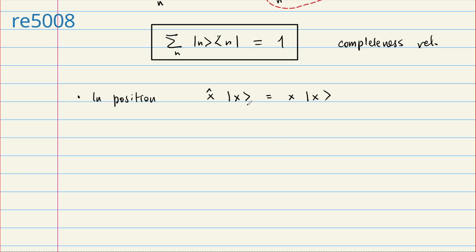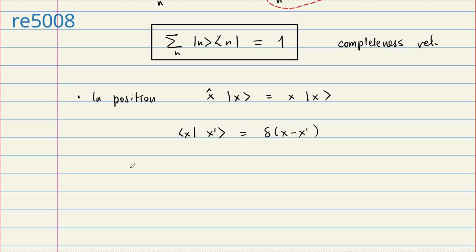They should also be orthonormal. If I take ⟨x|x'⟩, the inner product between two different vectors in the Hilbert space labeled with x and x', it should be delta of x minus x'.